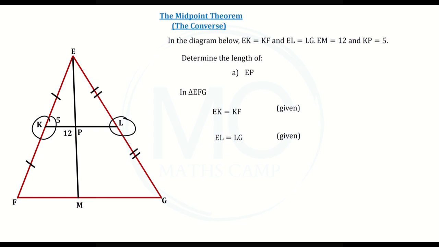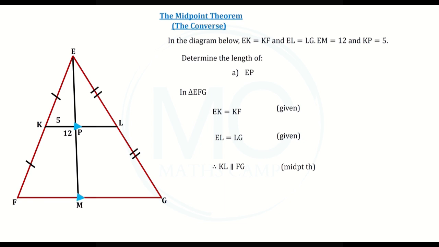So now we can make the statement that KL is parallel to FG. And as our reason, we use the midpoint theorem. Let's put an arrow on KL and an arrow on FG to show that these sides are parallel.